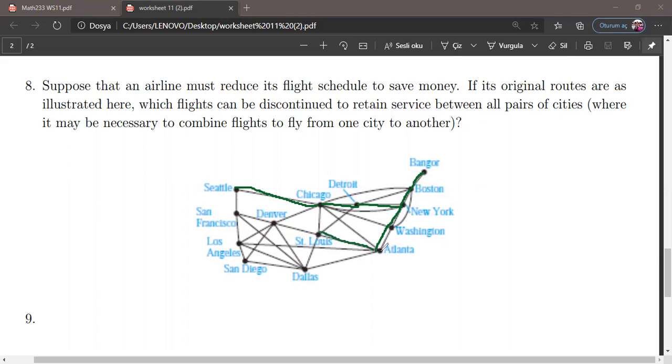And then San Luis. And then Denver. This, and this. So this is also a subgraph, obviously, and it's connected, and there's no circuit, so it's a spanning tree also. And this is another solution, for example.